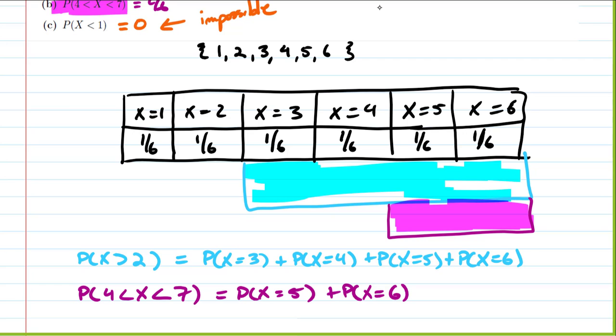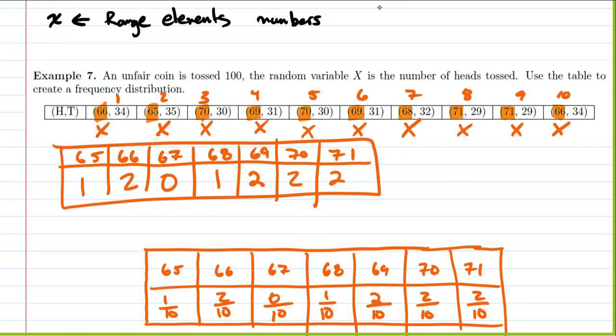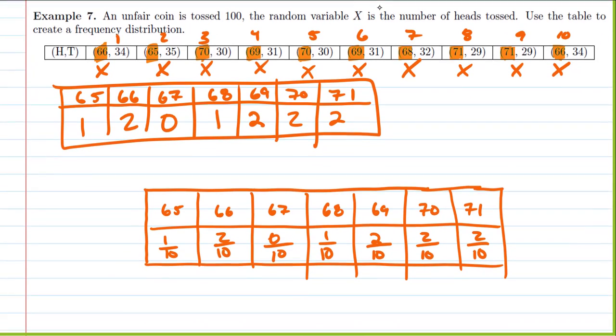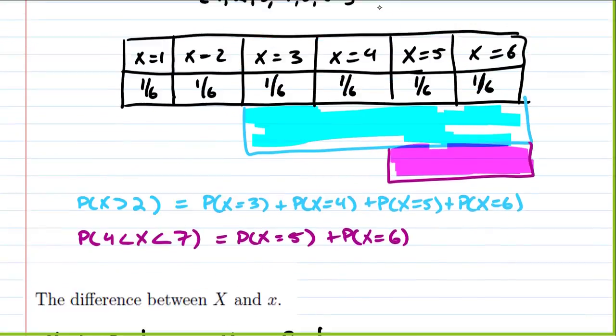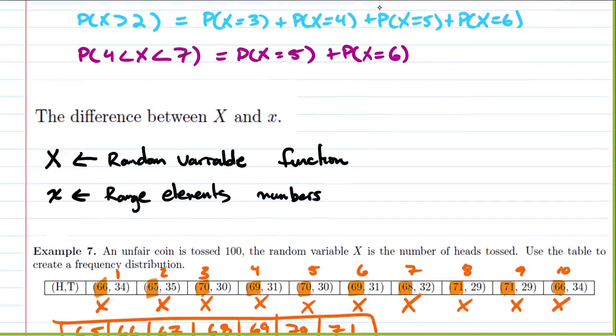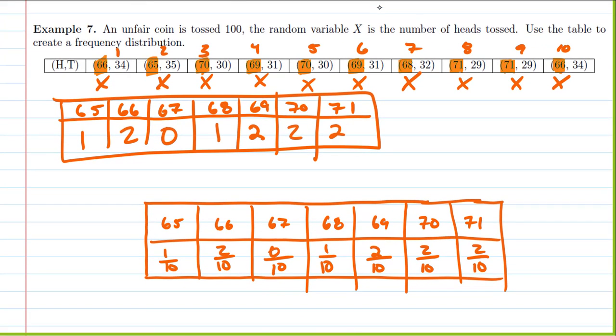In some situations, we're going to have to just observe data and come up with experimental or frequency distributions. So that's really the difference between a probability distribution and a frequency distribution: a frequency distribution comes from observed data from experiments. A probability distribution is derived from theoretical probabilities.